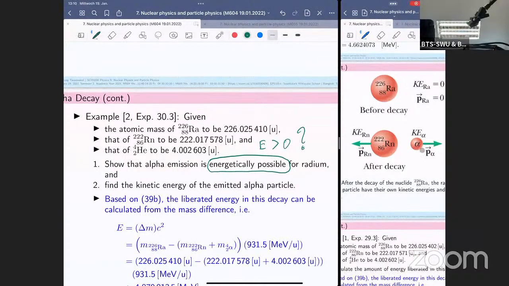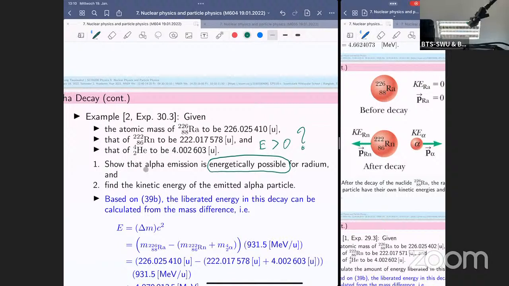You may need to know the speed, right? The speed of this particle, that will be the thing that will bring us to know the kinetic energy for this alpha particle.